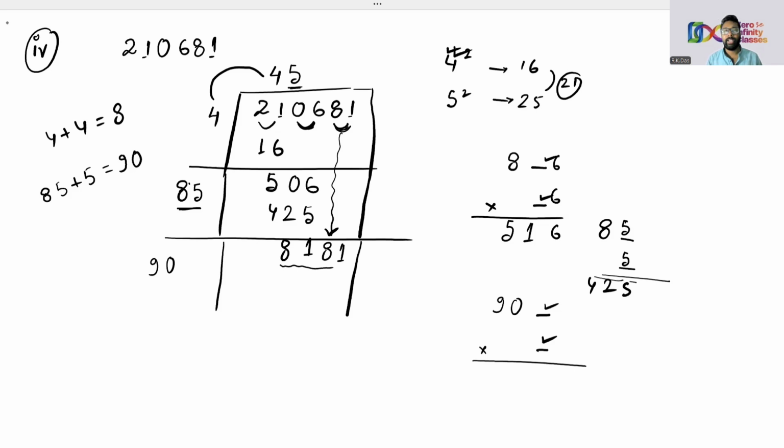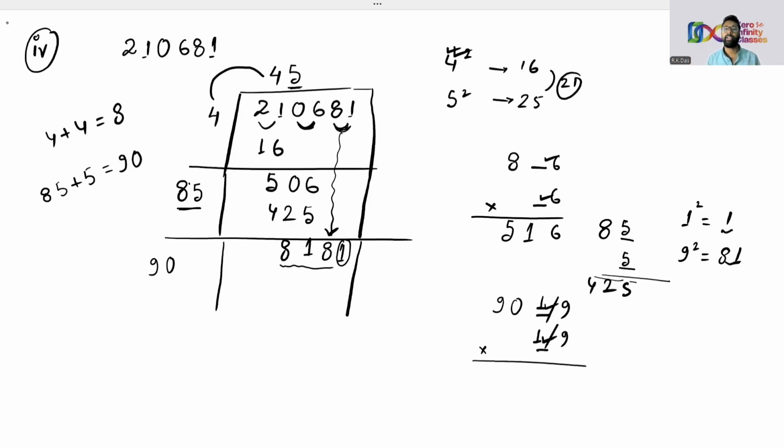Since the last digit of 8181 is 1, and we know that 1 square is 1 and 9 square is 81, we can take 1 or we can take 9. But if we multiply any number by 1, we get the same number.